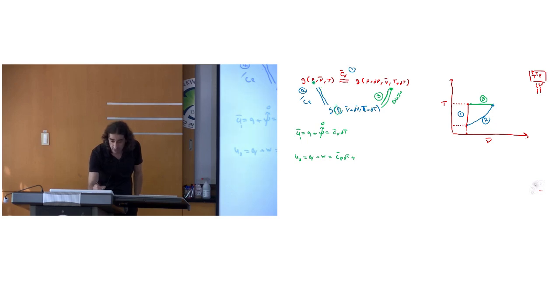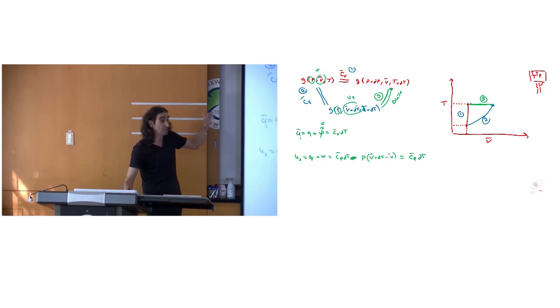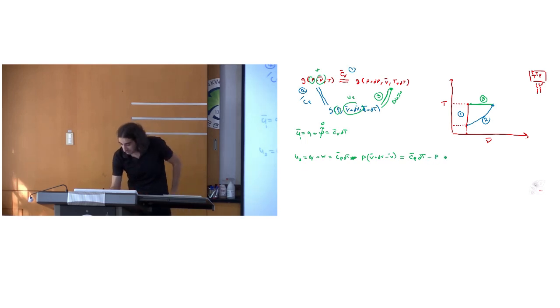So P delta V, and delta V is V2 minus V1, which is V plus dV minus V. So it will be equal to CP dT, of course minus, don't forget the minus; we always use it in the work, minus P dV.